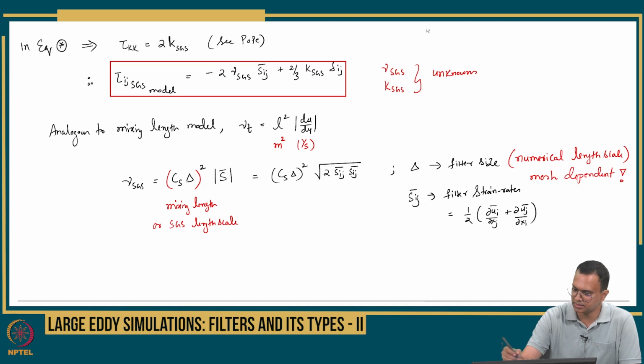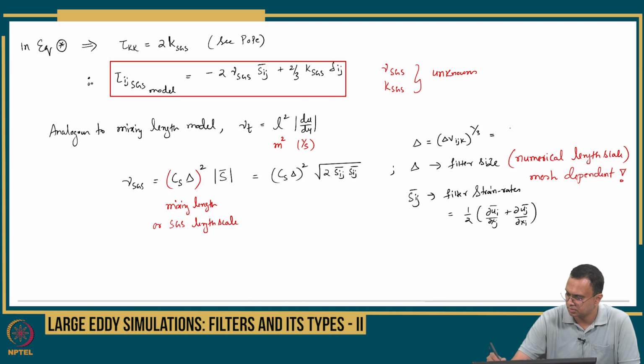And what is the filter size delta? So this filter size delta is nothing but your delta V_ijk cube root. That is nothing but your delta x, delta y, delta z cube root.